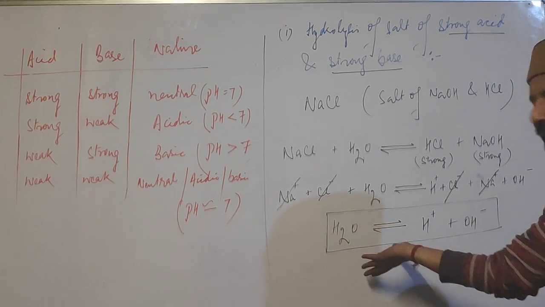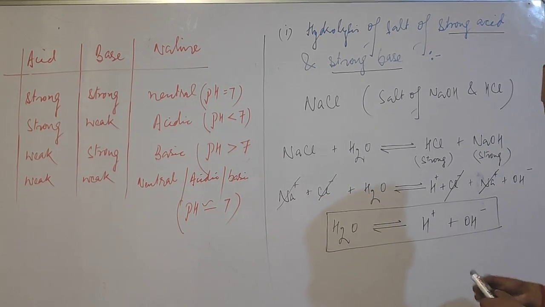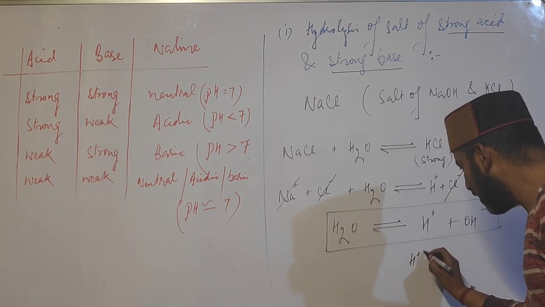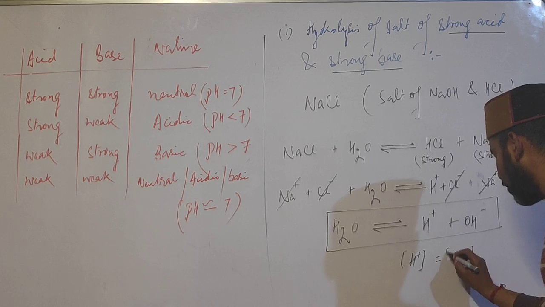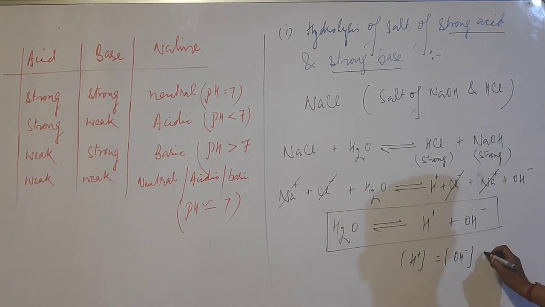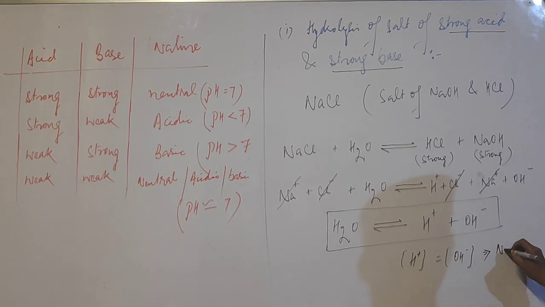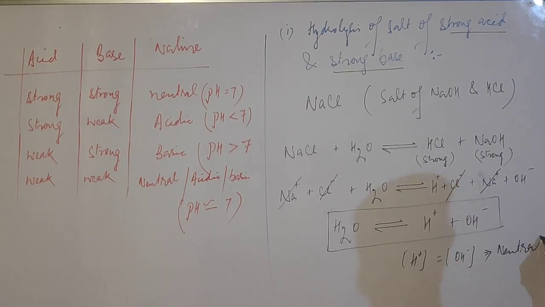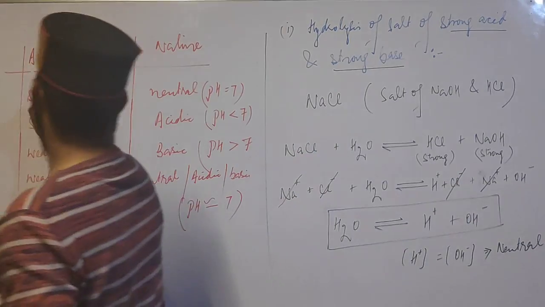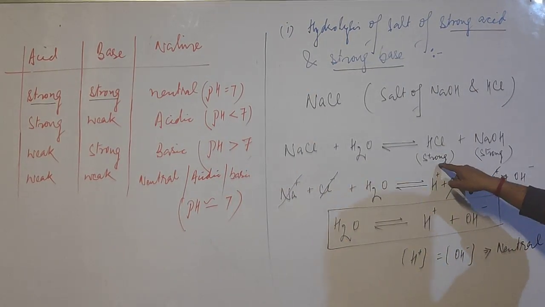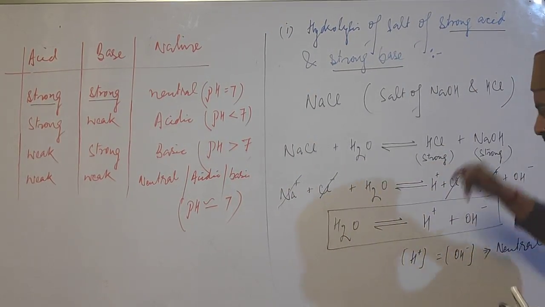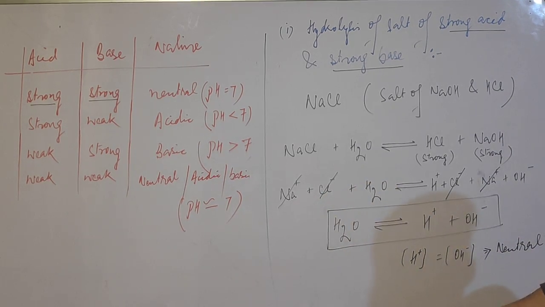This represents simple ionization of water, and in water we know that the concentration of H positive ion and OH negative ion is equal. So that is why we say the solution is neutral. So students, this was our first case: when the acid and base that form the salt are both strong, in that case the solution will be neutral.